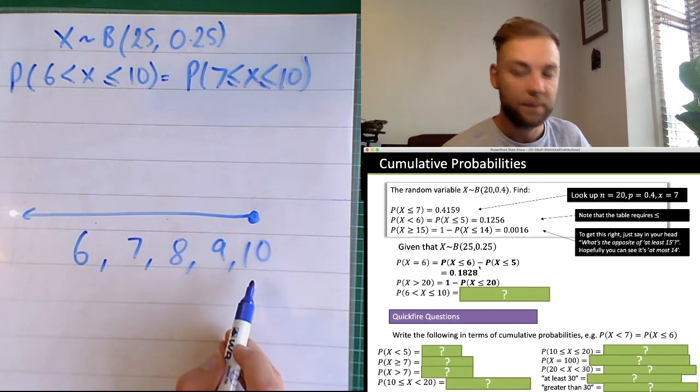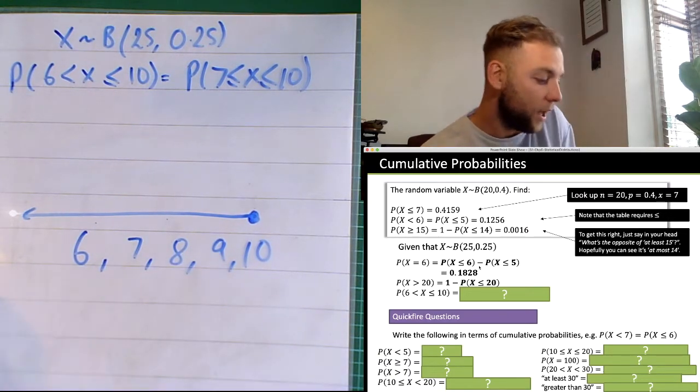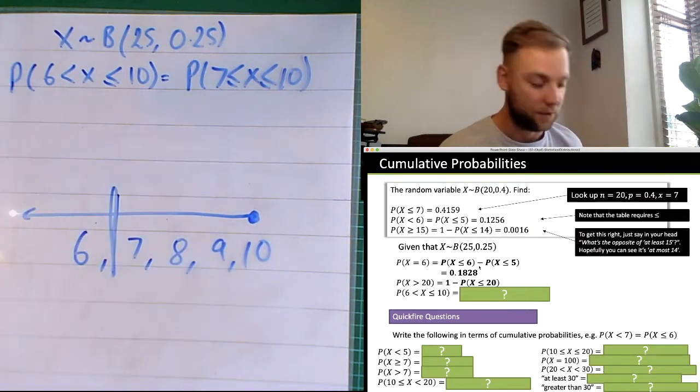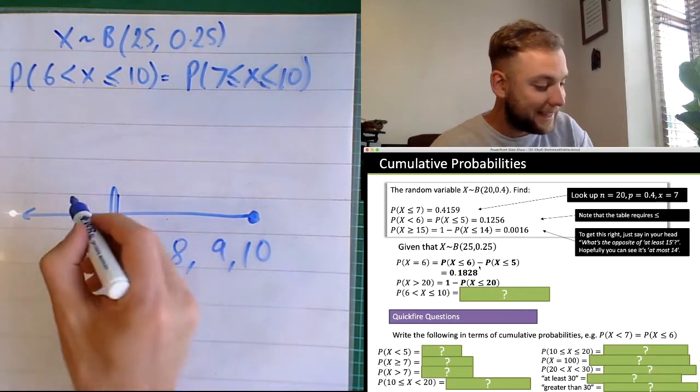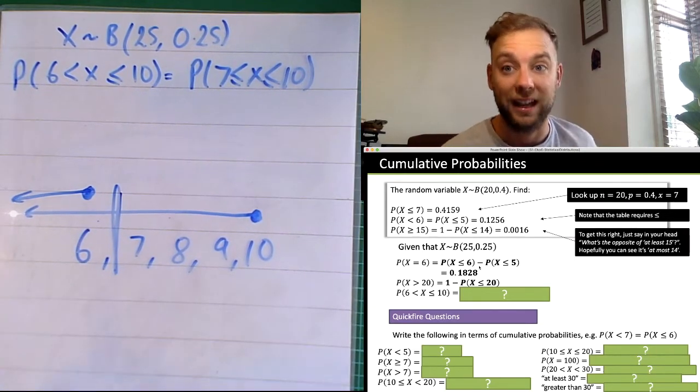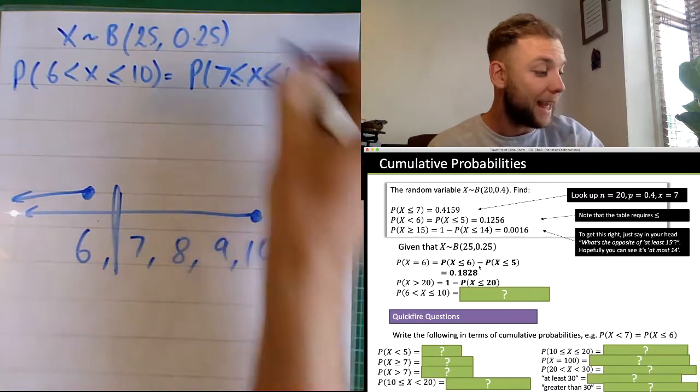However, we want it only up to 7. So we want to cut off everything which is below 7. So I need to take away everything which is less than or equal to 6. And this is how we get round it.